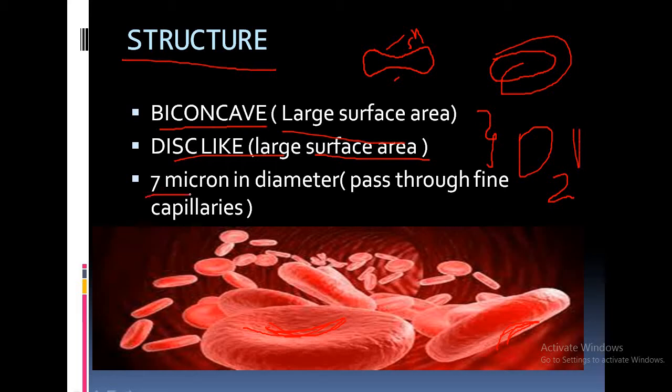The diameter of RBC is 7 micrometer. When it is 7 micrometer, it is very small and it can easily pass through the fine narrow capillaries. You can observe here, these are the narrow capillaries through which the RBC is capable of passing because of its small diameter.